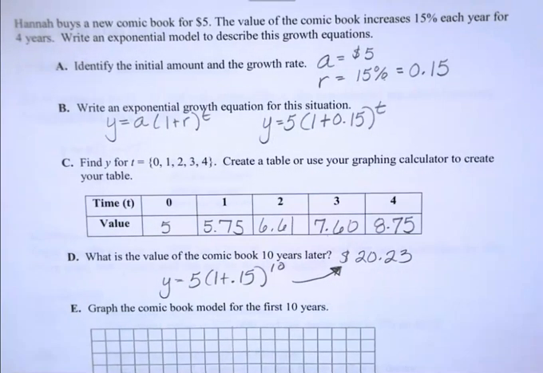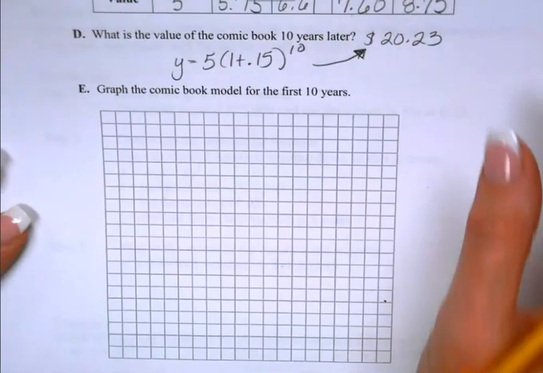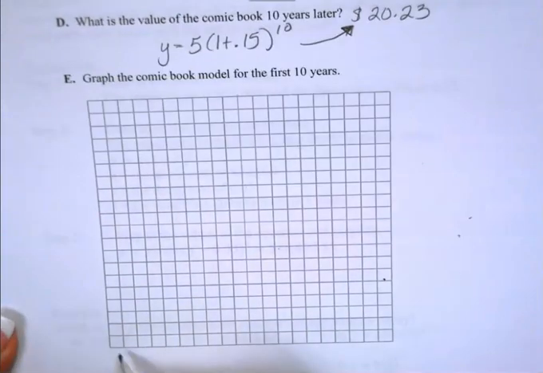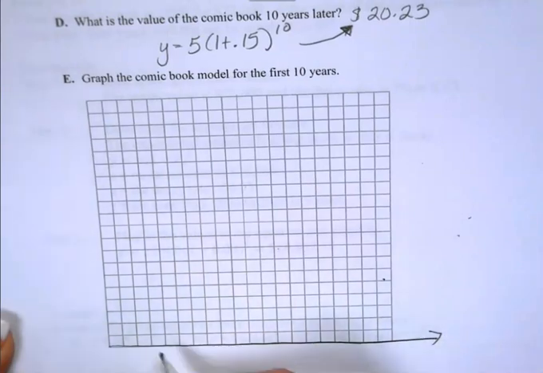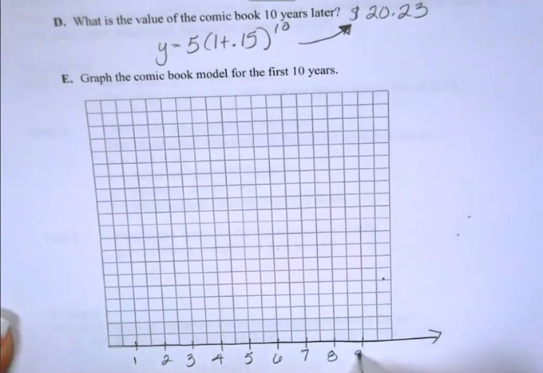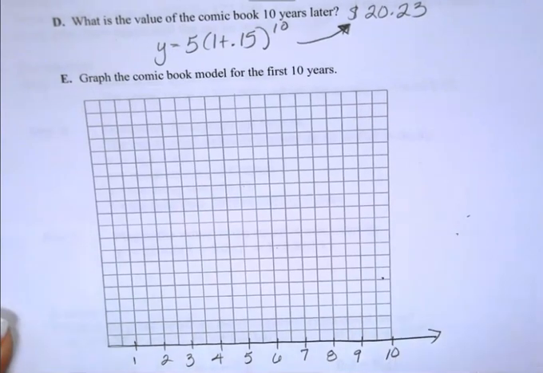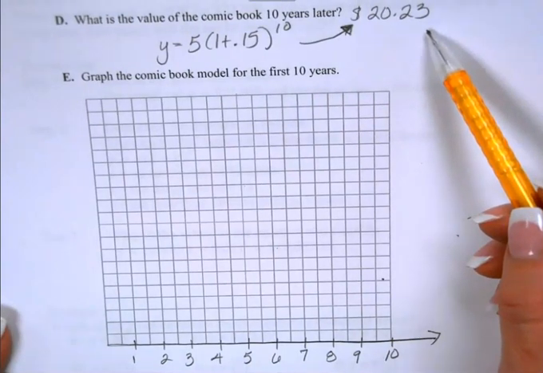Let's go ahead and make a table for this, or a graph for this. And we can use that table on our graphing calculator if we'd like. I'm going to label my axes. I think I'll space this out, so every 2 spaces will be 1. And it looks like I need to go to $20.23.